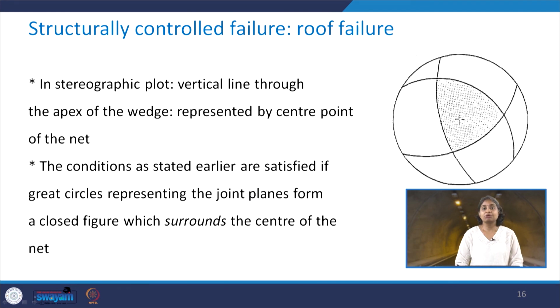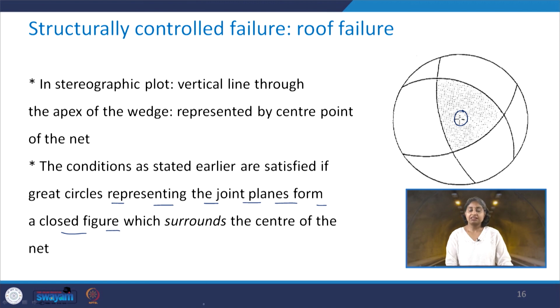Now, in the stereographic plot, how should we show this? A vertical line through the apex of the wedge is represented by the center point of the net, which I have circled here. The conditions stated earlier are satisfied if the great circles representing the joint planes form a closed figure which surrounds the center of the net.